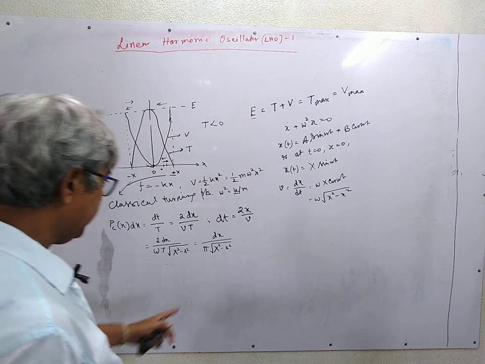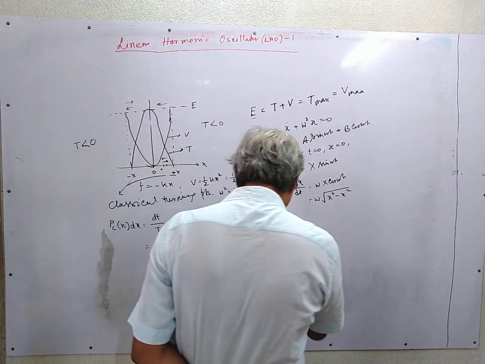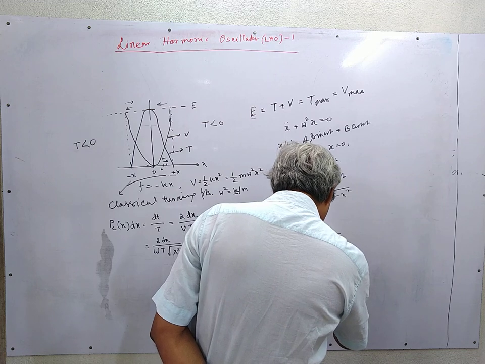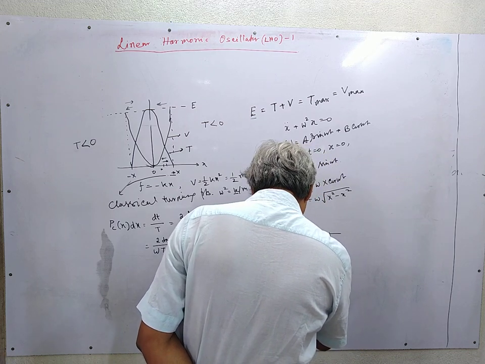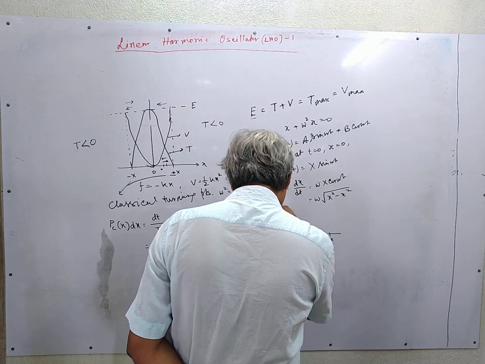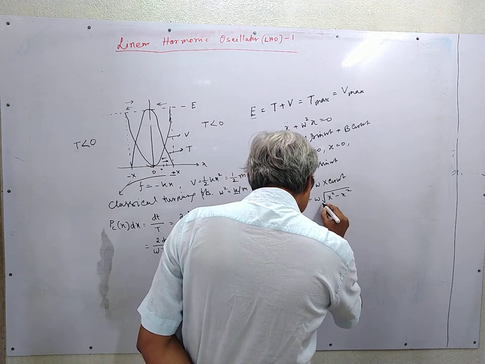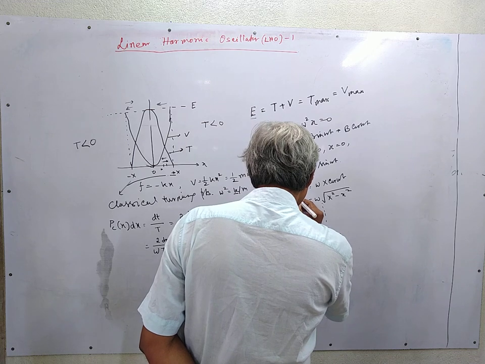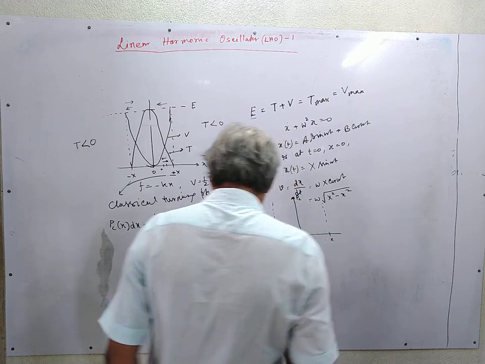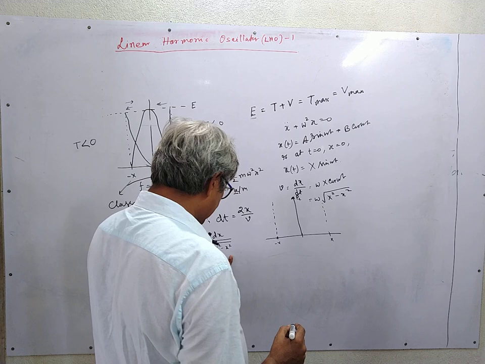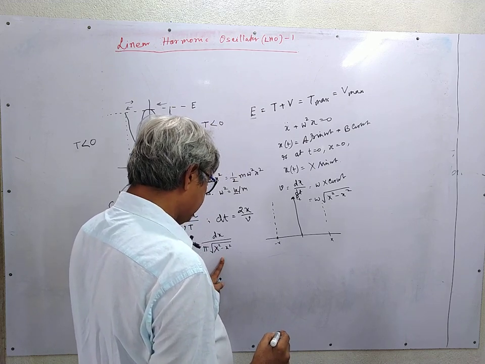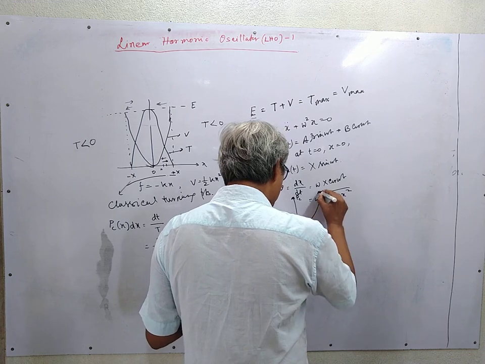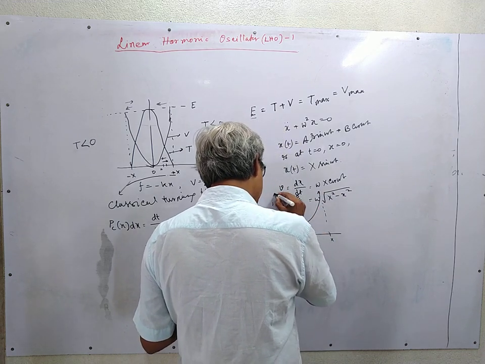the classical probability. If we draw the graph, it looks like this. This is plus X, this is minus X, this is P_c. At x is equal to 0, it is a minimum, and it tends to infinity at both the extremities.